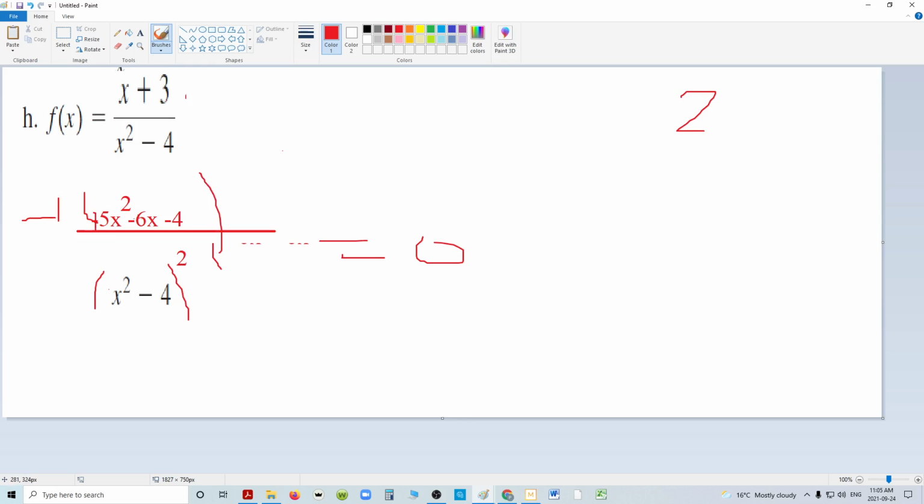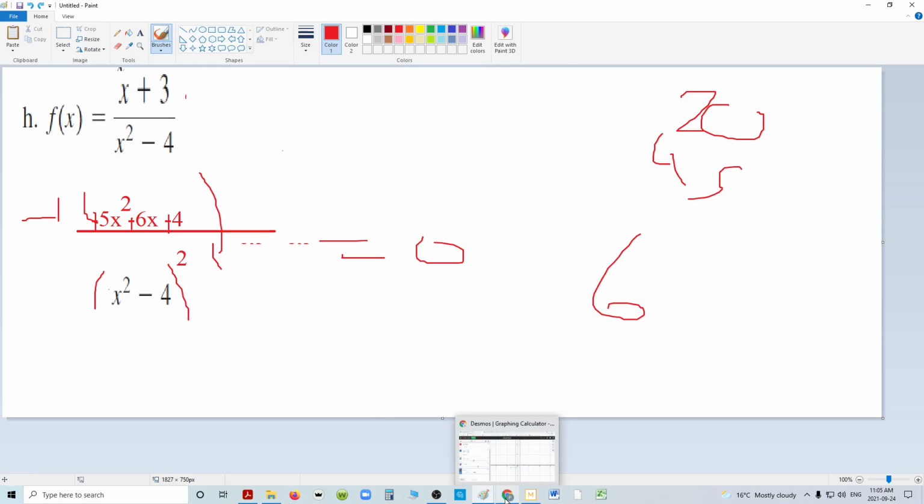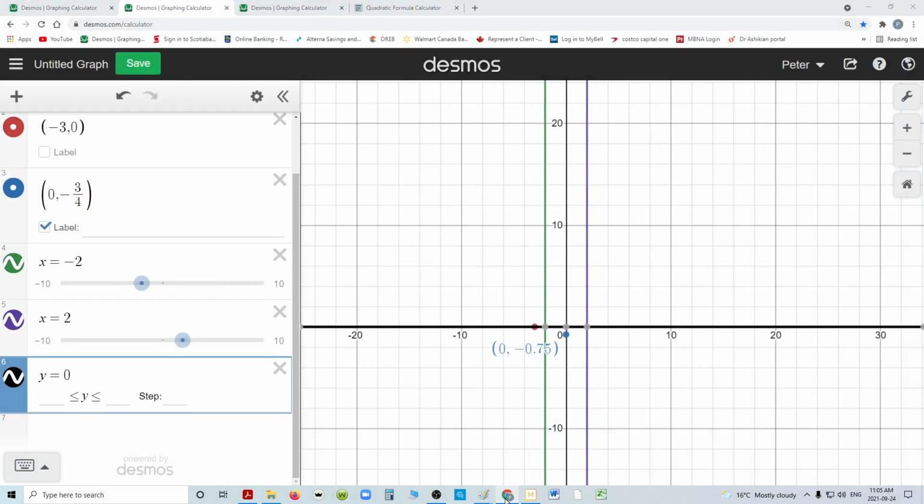And that makes all our numbers positive. So we're looking for numbers that multiply to 20 and add up to 6. You can take like 4 and 5, and you can see that it's going to be very hard. So there's a good chance, as always, that I screwed up the derivative.